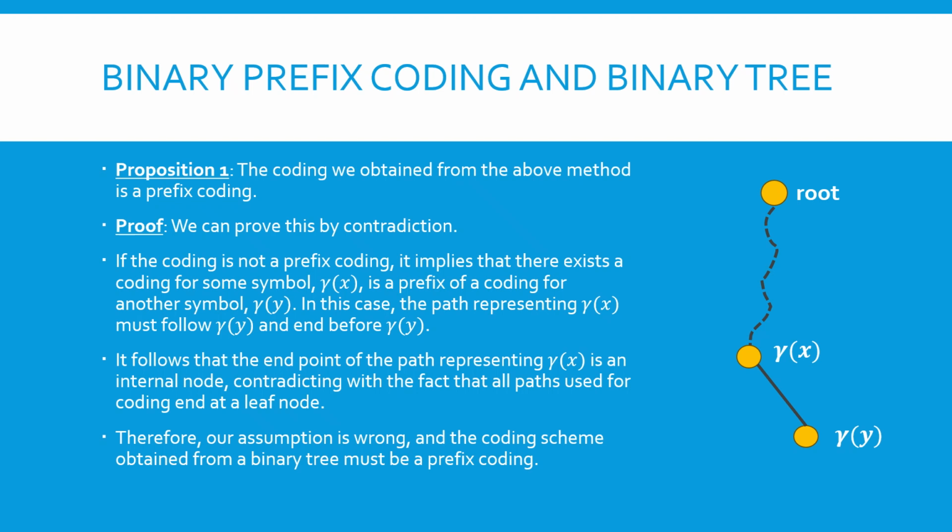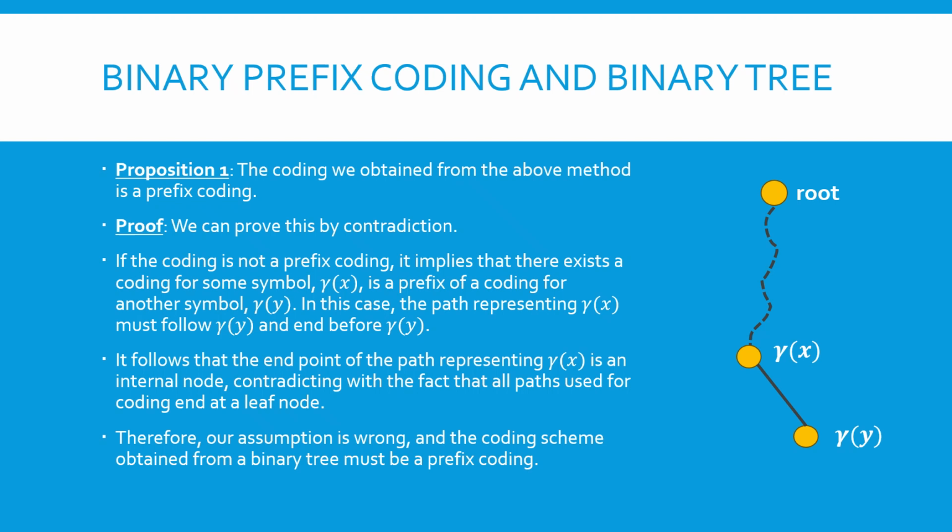We now formally prove proposition 1, which states that the codes obtained from root-to-leaf paths in the binary tree form a prefix code. We prove this claim by contradiction. Assume that the resulting coding scheme is not prefix-free. Then there exist two characters, x and y, such that the code word gamma x is a prefix of gamma y.